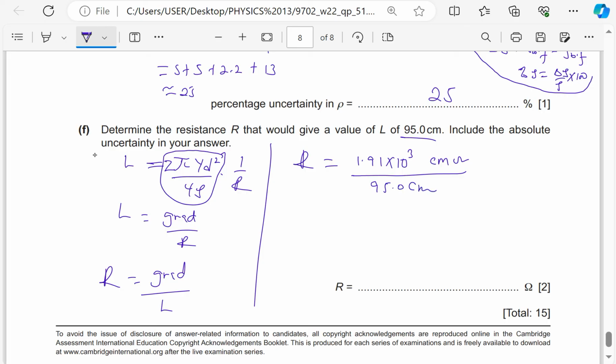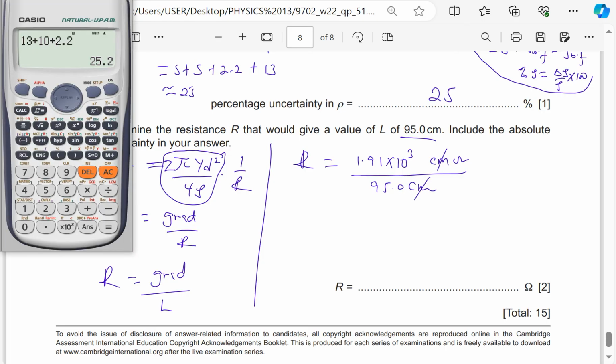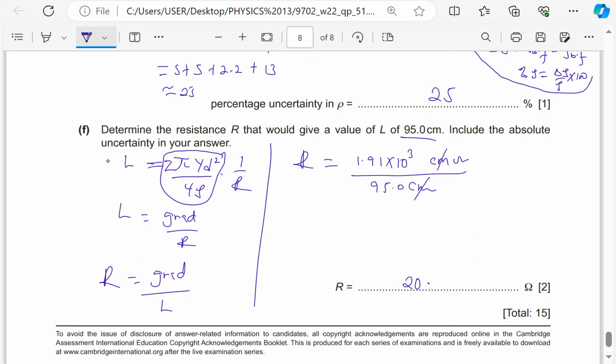This is centimeters, so centimeters cancels. So 1.91 exponent 3 divided by 95 gives us 20.1. As simple as that. So that marks the end of this paper.